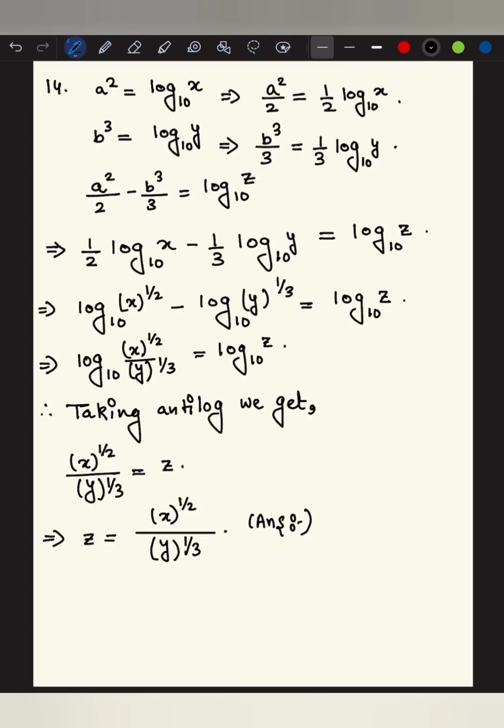It is given here that a square equals log x base 10. From here we can say that x is nothing but 10 to the power a square. Just a second.